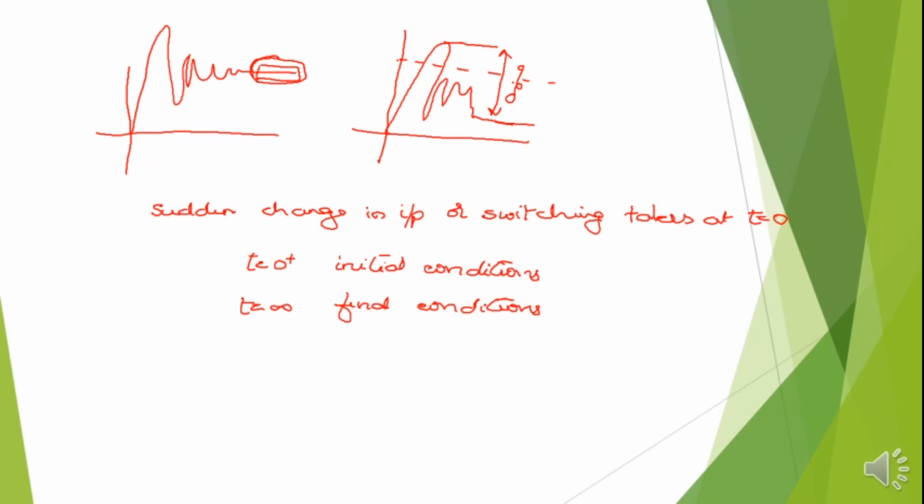Now coming specifically to electronic devices. Electronic devices consist mainly of three types of elements: resistors, capacitors and inductors.